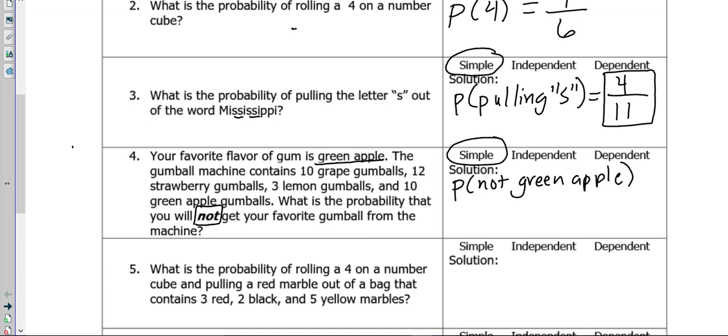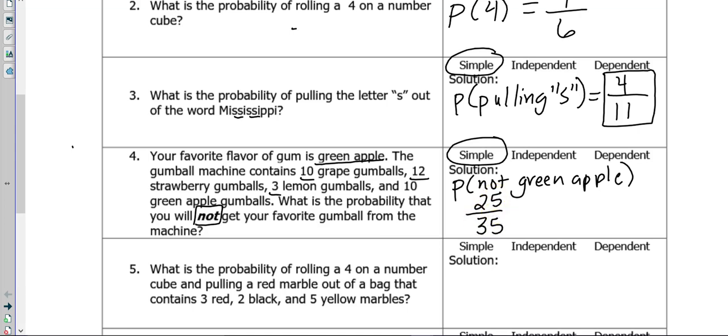So for this, we need to figure out how many gumballs are not green apple, and then we need to look at the total number of gumballs. So not green apple would be 10 grape, 12 strawberry, and 3 lemon. So we have 10 plus 12, which is 22, plus 3 would be 25. And then if we add the other 10 that are the green apple gumballs, we get 35.